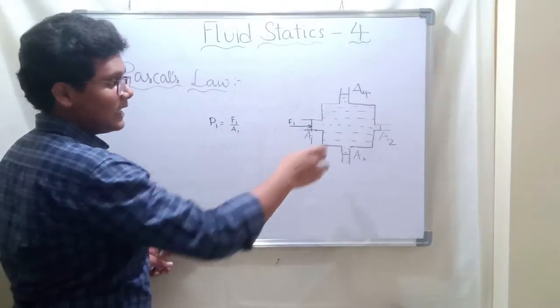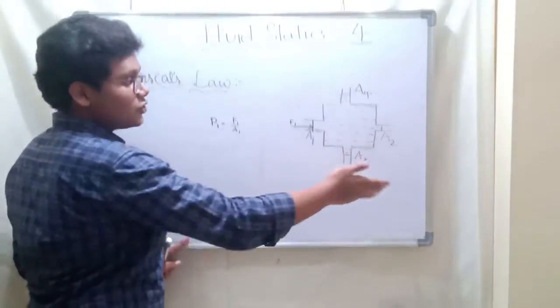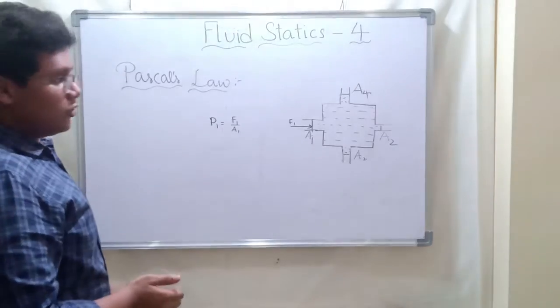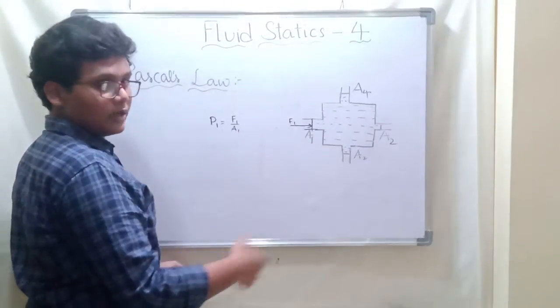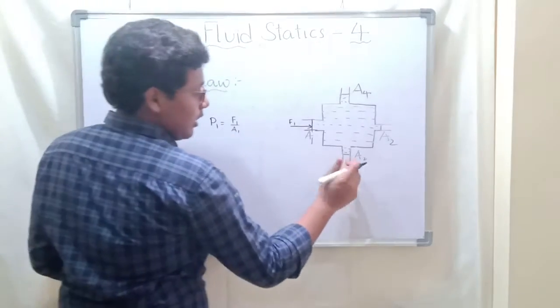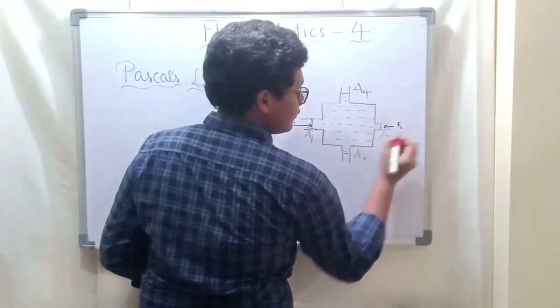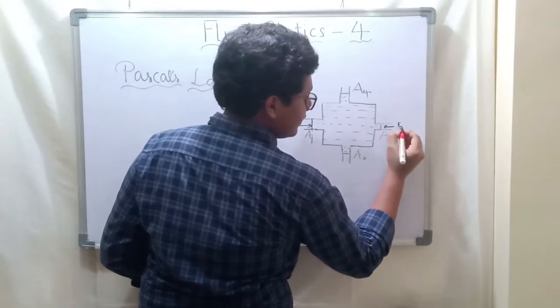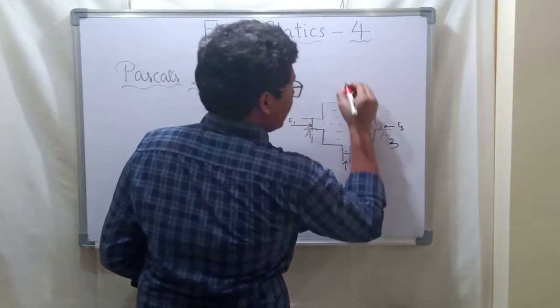Those will move. Then the pistons will move, and the liquid will move. So to prevent the movement of pistons and liquid, all the forces on all sides should be equal. F2, see F3 here, F3, here F2, and here F4.